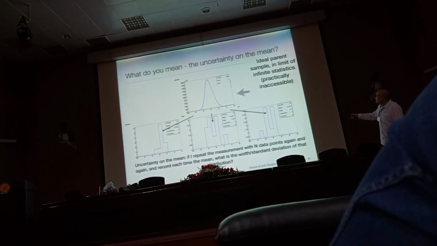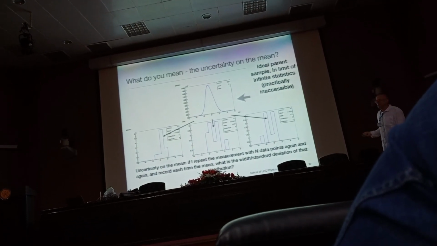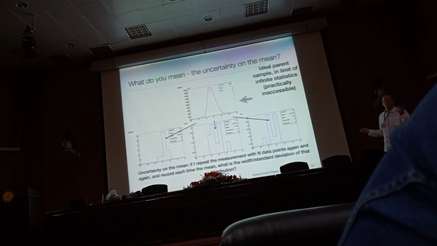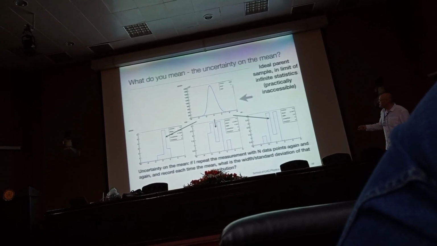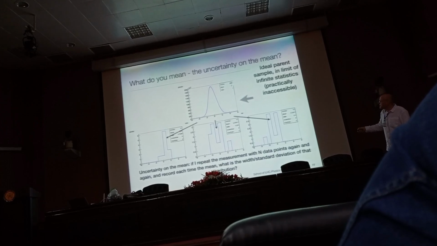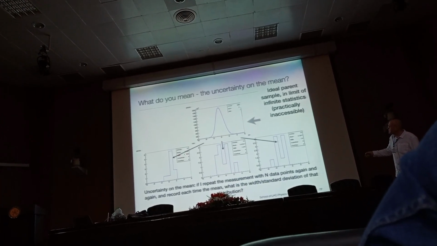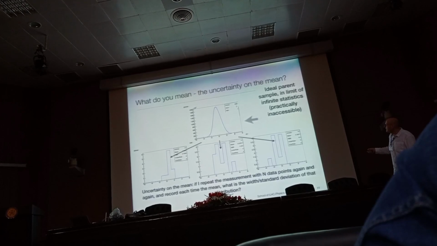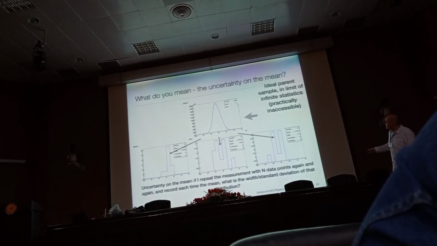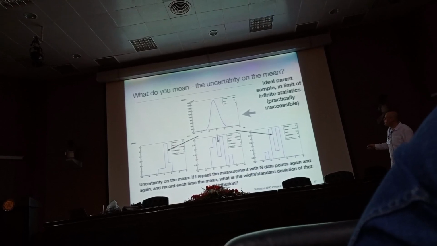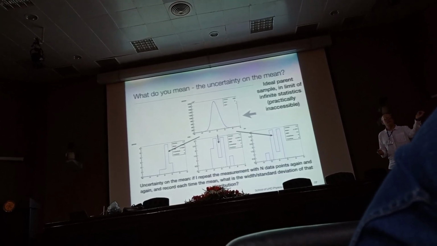There are infinite entries, and in my experiment, I take some number of measurements. In the previous one it was 101. Here I take 10, and I make a measurement of the mean, and I also get an uncertainty on the width of the distribution. I take another measurement of the mean and the width, etc. So these means, if I put them in a histogram, they will fluctuate a little.